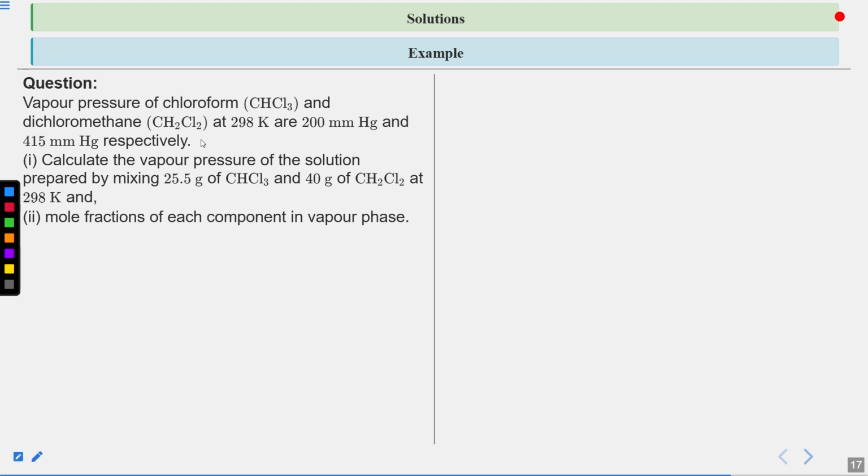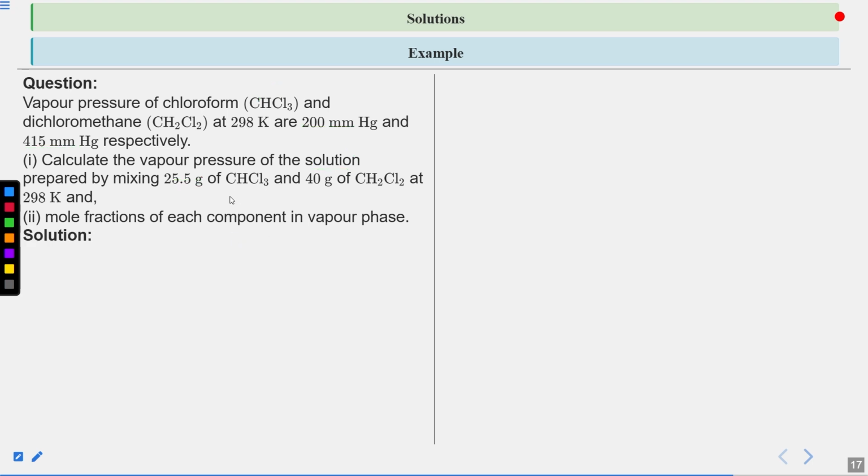Our question is: the vapor pressures of chloroform and dichloromethane at 298 Kelvin are 200 mmHg and 415 mmHg respectively. Since these are the pure component vapor pressures, we have to use them to find the vapor pressure of the solution formed by mixing 25.5 gram of chloroform and 40 gram of dichloromethane at the same temperature, 298 Kelvin. And second, we have to calculate the mole fraction of each component in the vapor phase also.